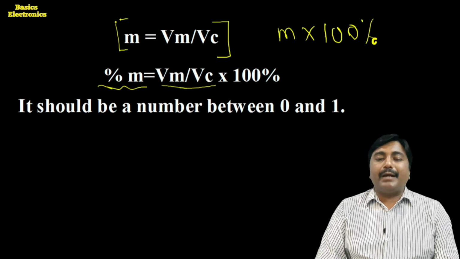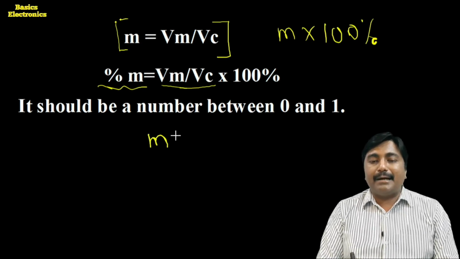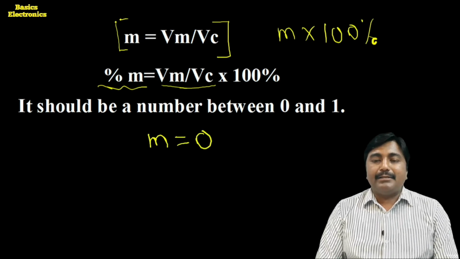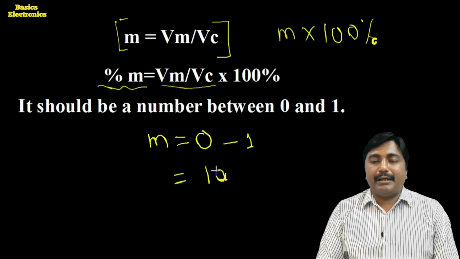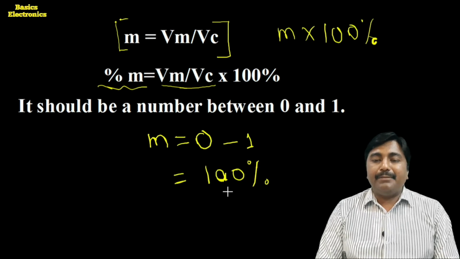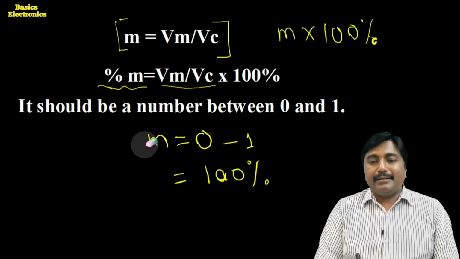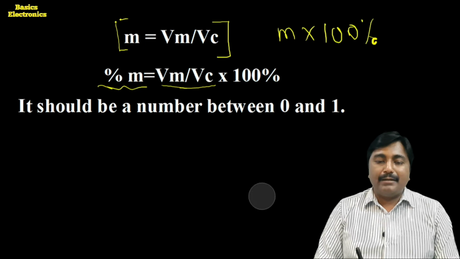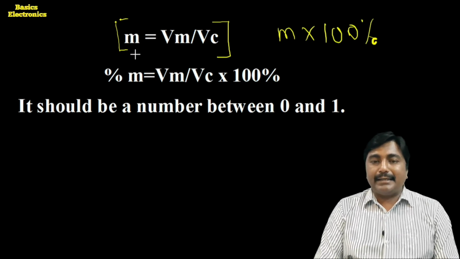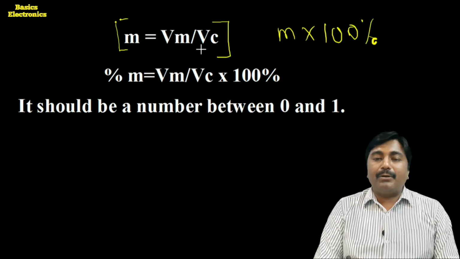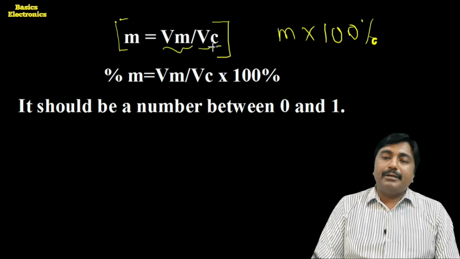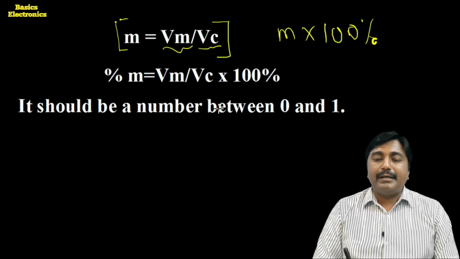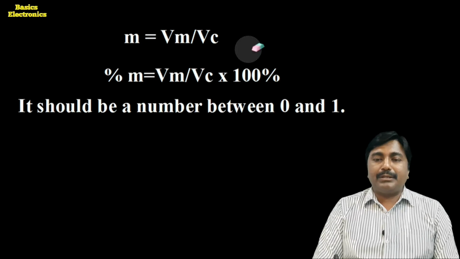The value of the modulation index m is between 0 and 1, which means the percentage of modulation is a maximum of 100% and a minimum of 0%. So the modulation index is the ratio of the peak value of the modulating signal voltage to the peak value of the carrier signal voltage.